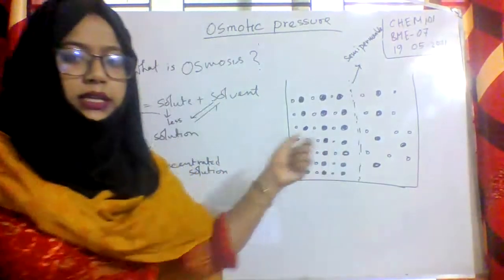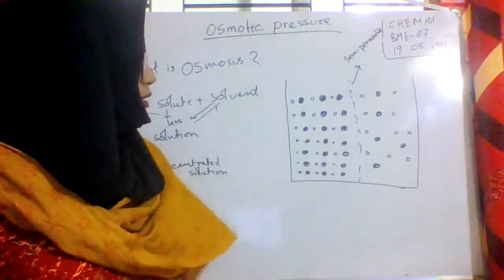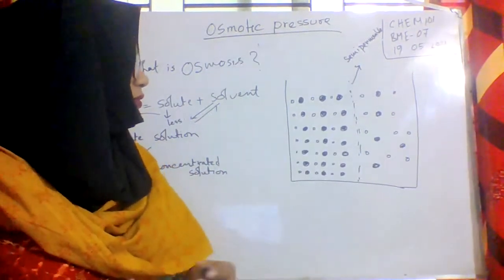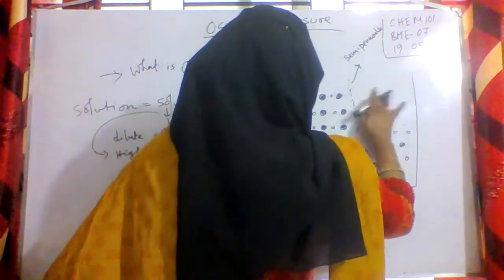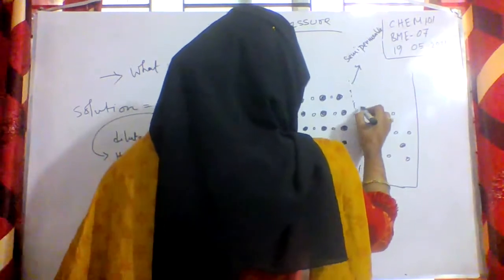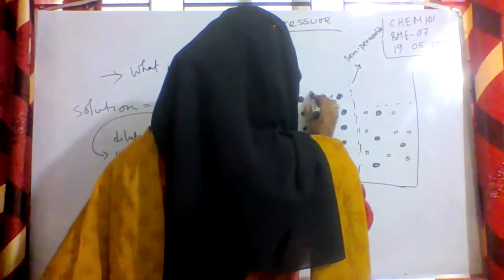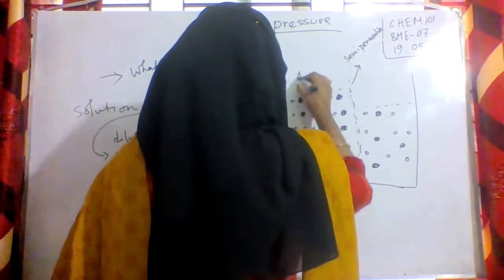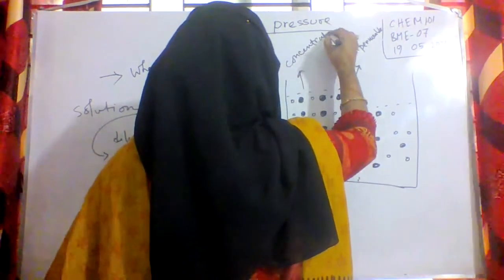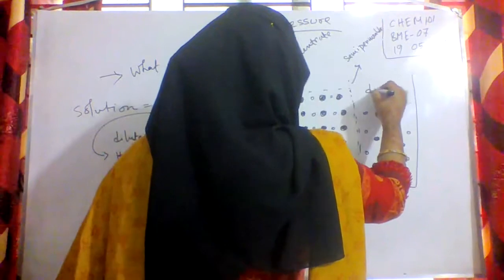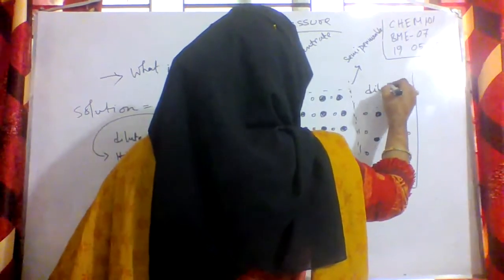So which area is concentrated and which is dilute? Ma'am, left side is concentrated. This one is concentrated. This one is dilute. Right.